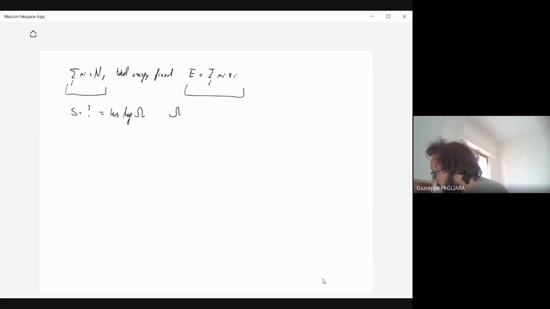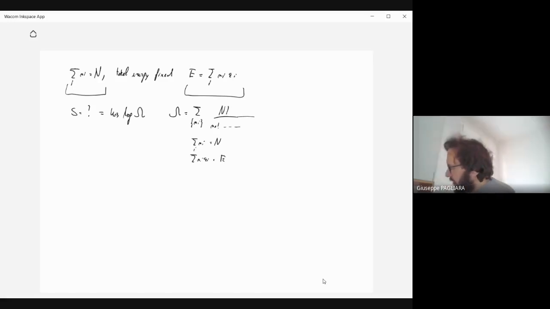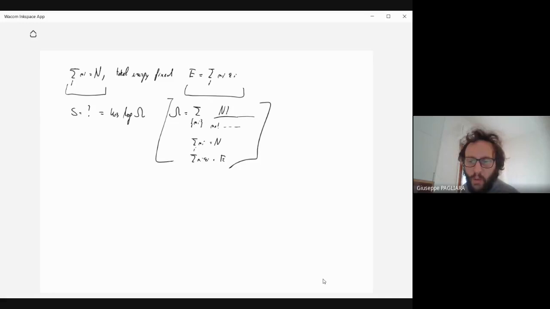omega, where omega is the sum over all the possible values of ni, which is not bounded, it can be n1, n2, up to infinity, of N factorial over n1 factorial, and so on. Now, with two constraints, the sum over ni equal to N and the sum over ni epsilon i equal to E, the combinatorial is much more complicated, because I have an infinite number of energy levels and also two constraints and not just one.